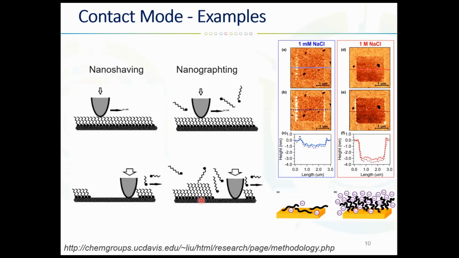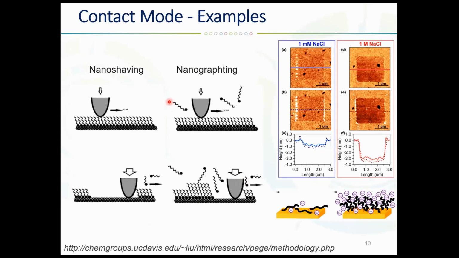I would like to move to the examples of the applications for the contact mode. So this is an example of the work conducted with self-assembled monolayers, and microfabrication of these monolayers has a huge impact in the research, especially if you study different biosystems.